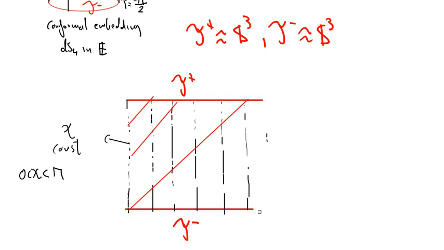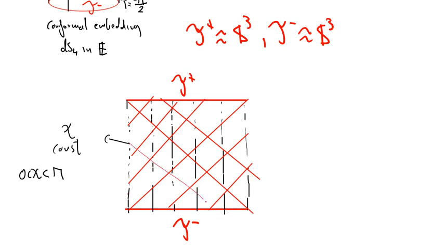It's not easy to draw a 45 degree slope, but I think you can more or less imagine that. Now this is one, this is another one, this is another one, this is another one.